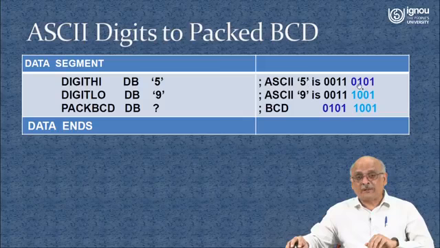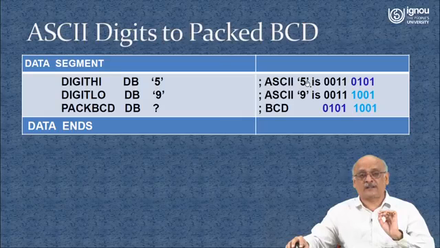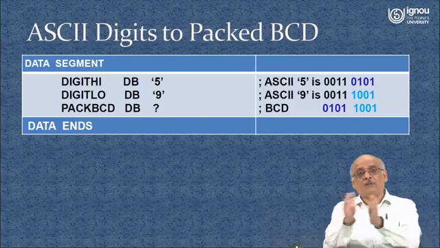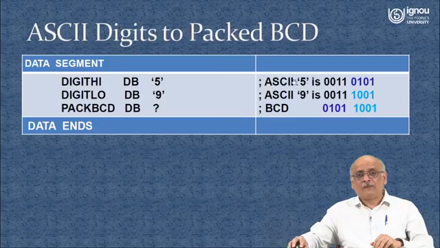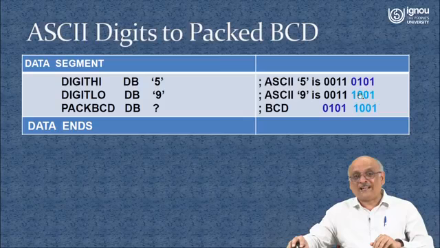This is a very important point about ASCII: when ASCII designers were given this task of how to design the code, they made sure that the lower 4 bits are the same as the binary value of the digit. That means 5 is 0101, but the upper 4 bits may be different, while the lower 4 bits are this only. So 9 is going to be 0011, same, but then 1001, equal to 9, right? Lower 4 bits are 9.